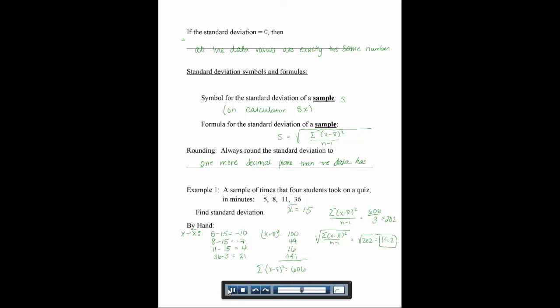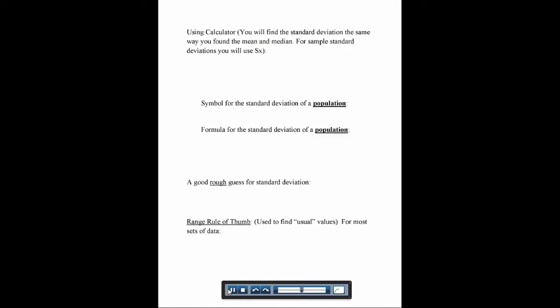So you really want to learn how to do it on your calculator. On your calculator, it's the same way you found the mean and the median. You hit Stat, then Edit, and put the data values in L1, and then you hit Stat again, arrow over to Calc, and then do one variable stats.